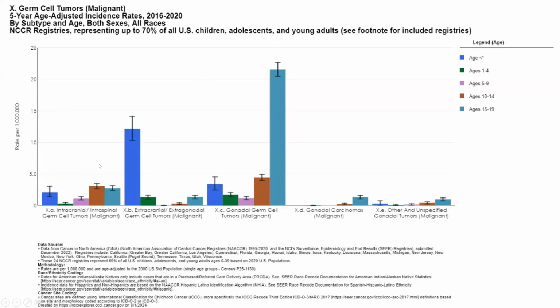And then when we think of intracranial and intraspinal germ cell tumors that Diana will be talking about, you can see that there is a variability in the incidence rate over the different age groups. And as I mentioned, I'm not going to be focusing at all on any of the gonadal germ cell tumors.